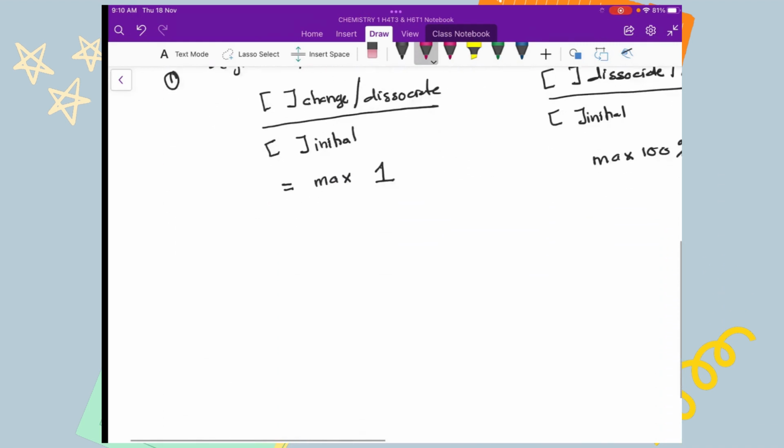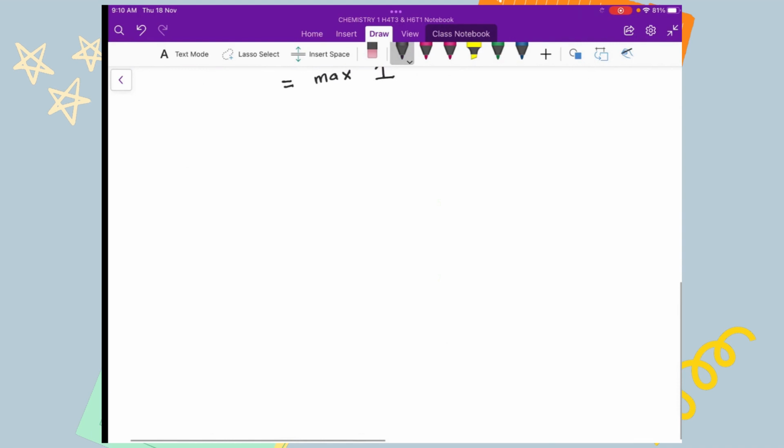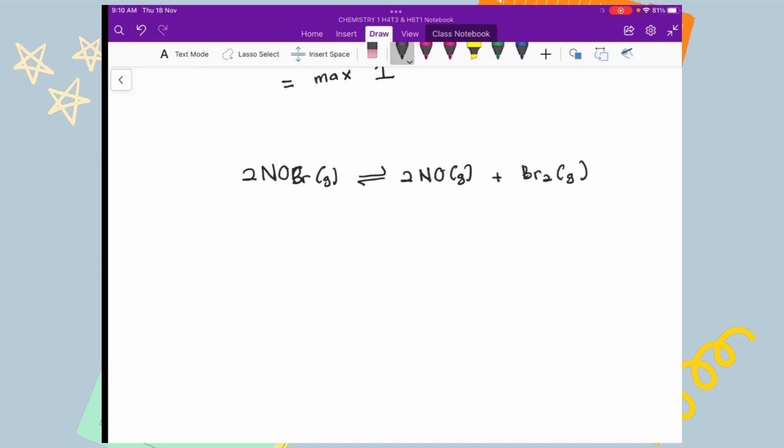Alright, so I will rewrite the equation. The reaction is between 2 nitrosyl bromide producing 2 mole of nitrogen monoxide and 1 mole of bromine gas. The information given is the mole initial, which is 2.0 mole, and at the beginning of the reaction there is no information for the product.